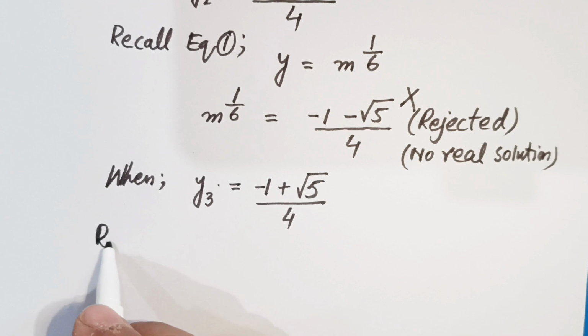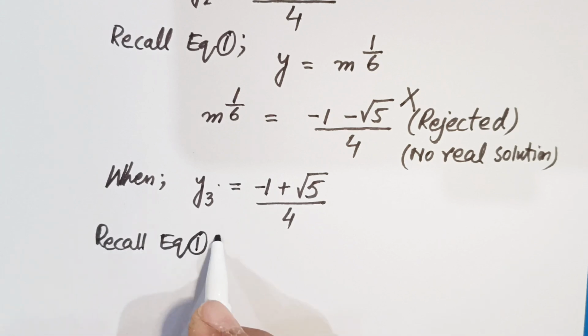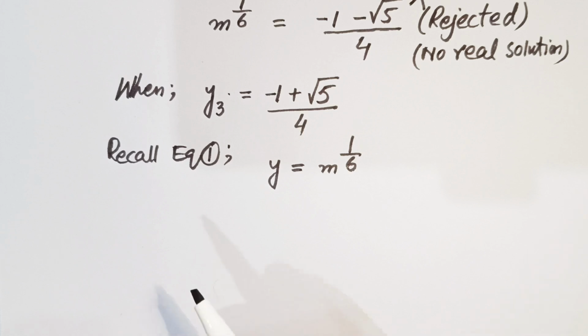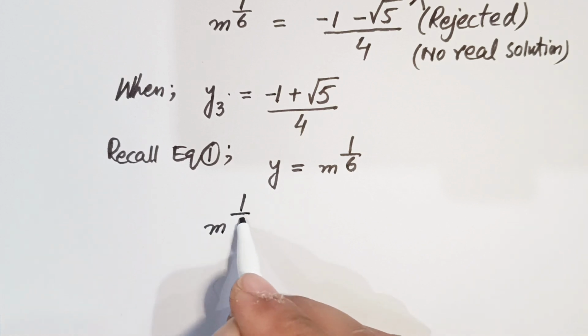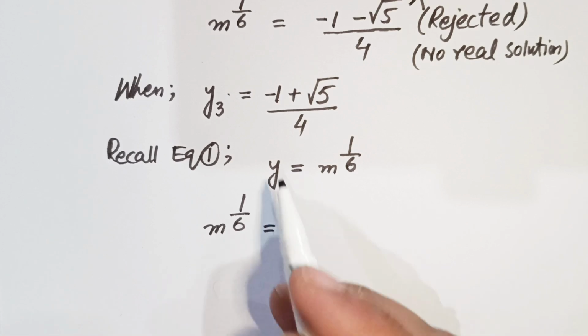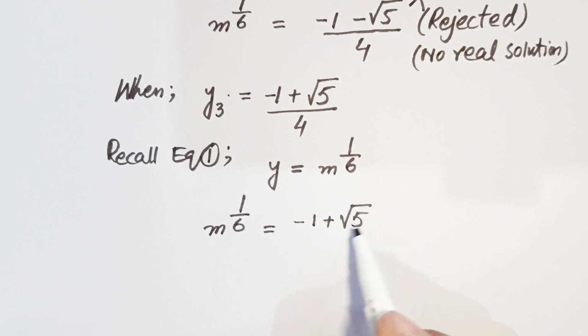So recalling our equation 1, y is equal to m to the power 1 over 6. So here we have m to the power 1 over 6 is equal to minus 1 plus square root of 5 all over 4.